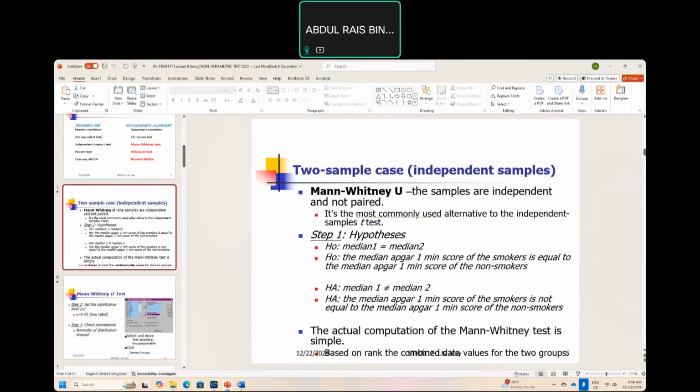So start following the style of parametric. The null hypothesis is usually we predict there is no difference between mean A and mean B, but perhatikan the word yang berbeza sikit dalam Mann-Whitney-U is this word, median.